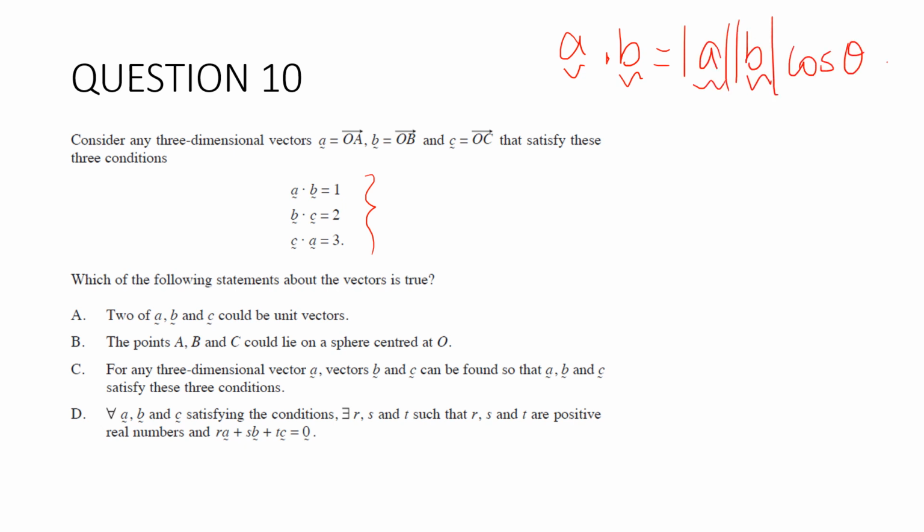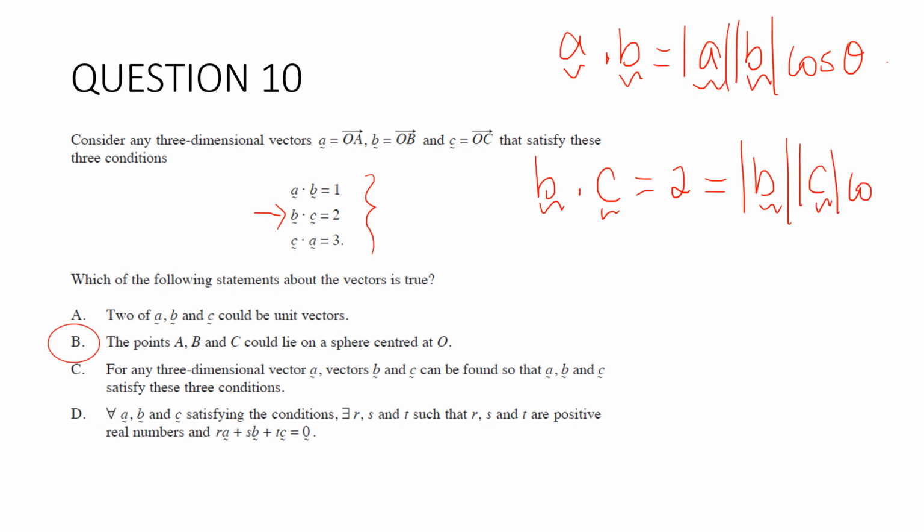Now, let's start with B dot C. If B dot C is equal to 2, then this is equal to magnitude of B, magnitude of C, cos theta. And it says that we're assuming that B and C are unit vectors, which makes this equal to 1. And so cos theta is equal to 2, which is an impossibility.